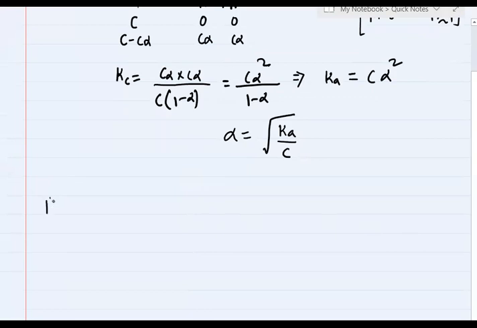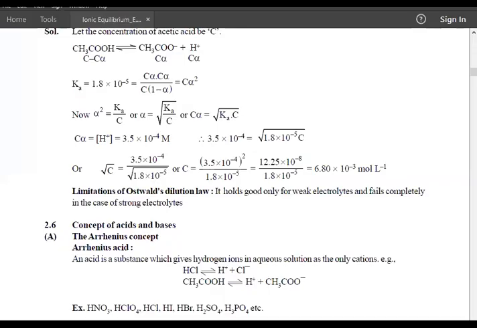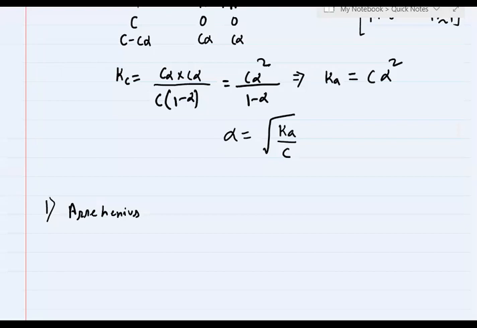First is Arrhenius, given by Arrhenius. Arrhenius acid and base. Spelling is wrong, I guess. Arrhenius, it's double R, H. It's not E.